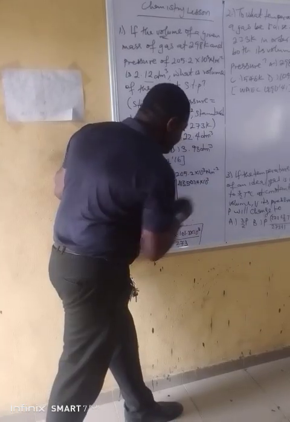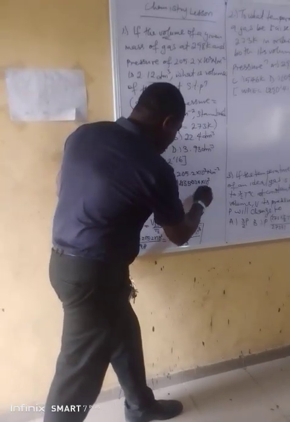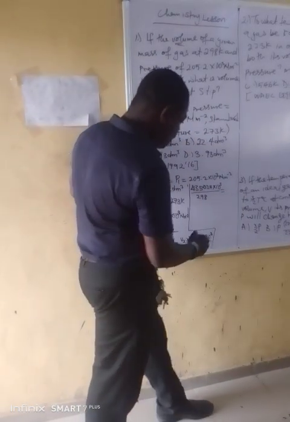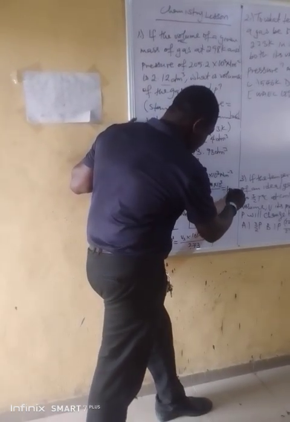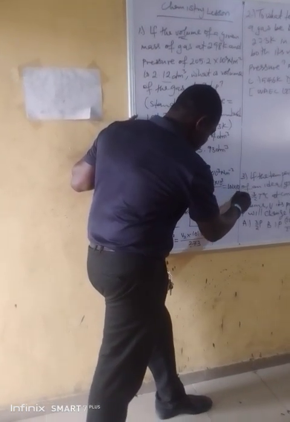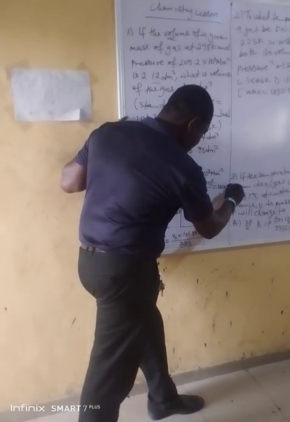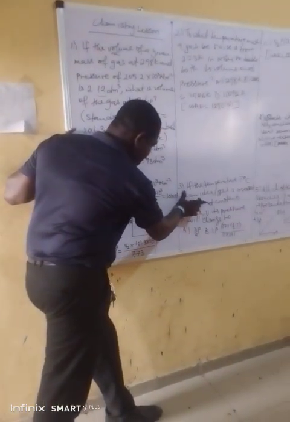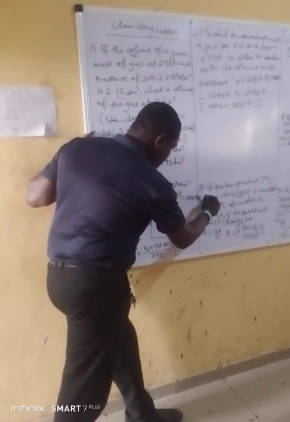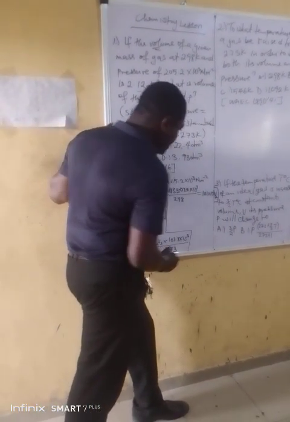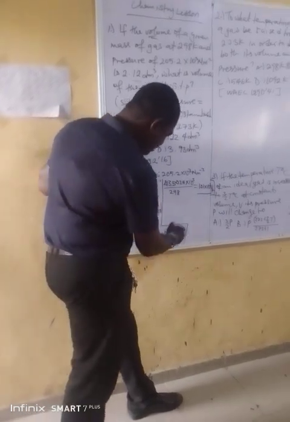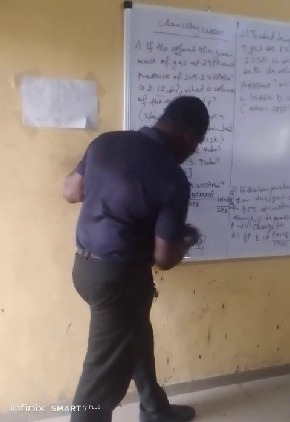Times 10 to the power 3, divided by 298, is equal to 101 times 10 to the power 3 times V2, over 273.